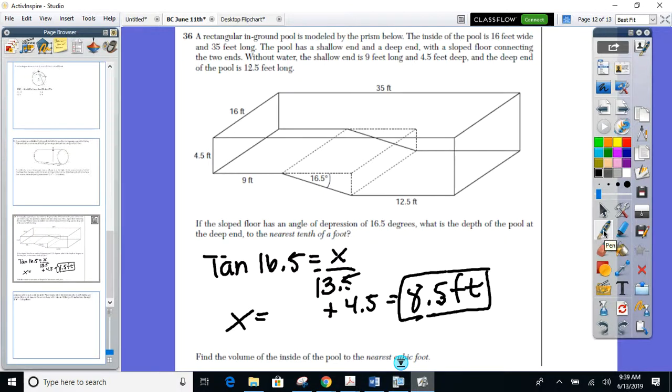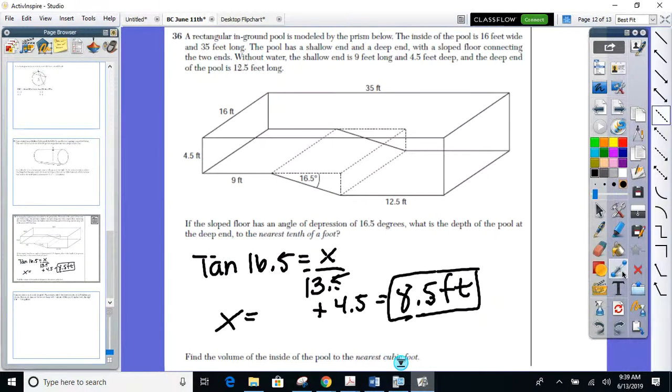I broke it up into 3 different prisms. Okay, here's what I did. I drew these over here. So I created 3 prisms. Do you see the huge one on top?